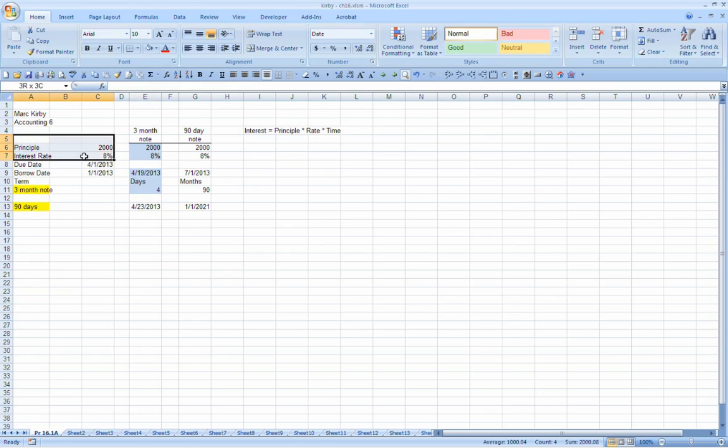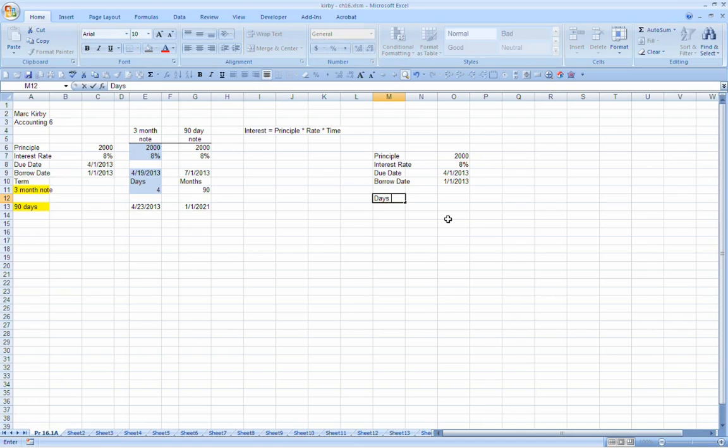I'm going to borrow this, and I'm going to come put it over here. All right, so I have this loan. This is a new loan, completely independent from what we did over here. And I want to know how many days the loan is for. How many days did we borrow the money for?